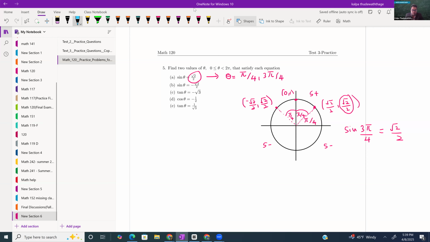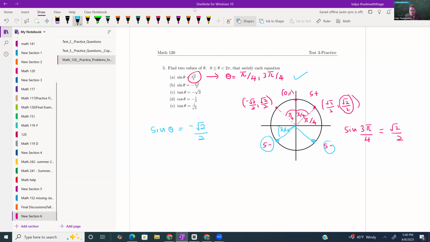So for an example, the first one we're done. If you need sine theta equal to negative √2/2, I know sine will be negative here and here. So √2/2 is always connected with pi/4. So this is pi/4 again, and the other point is here.